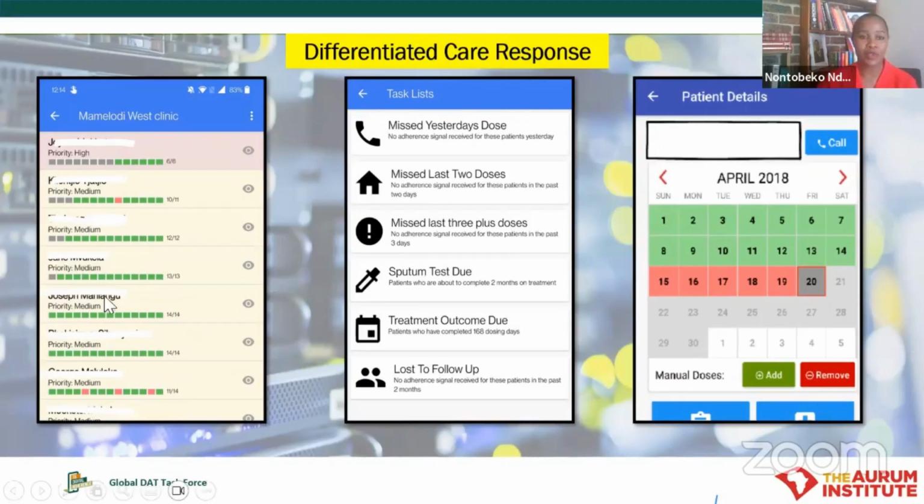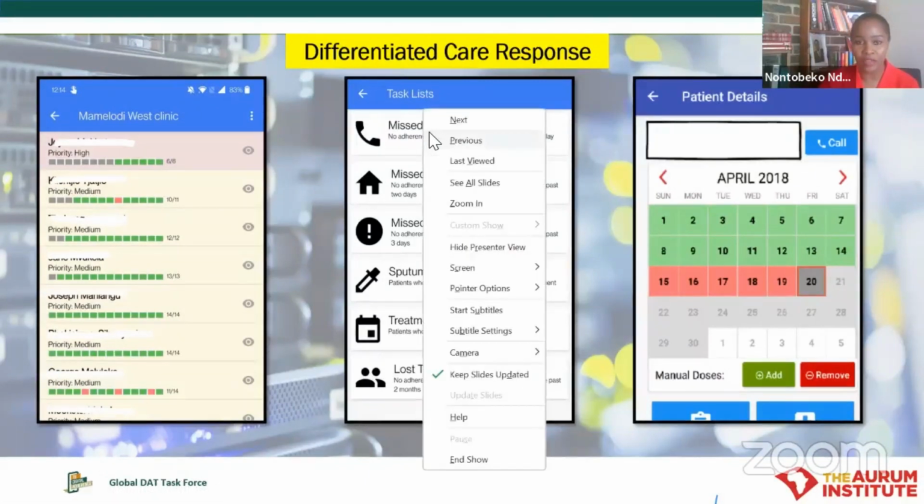As we can see, you have a screen that quickly shows the healthcare provider which patients have missed a dose, and how the patients are doing. And also there's a screen with a task list. If the healthcare provider just wanted to see only patients who missed a dose yesterday, they could just click on the tab and see how many patients missed a dose the previous day.